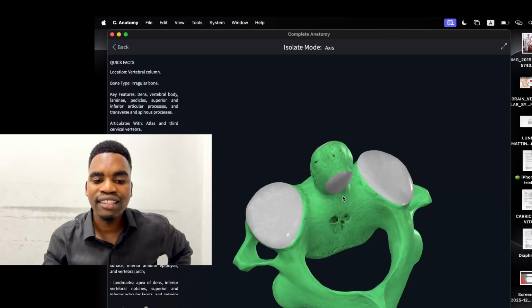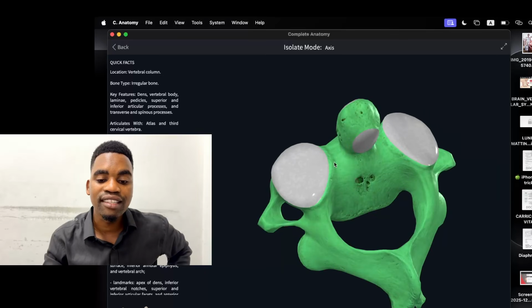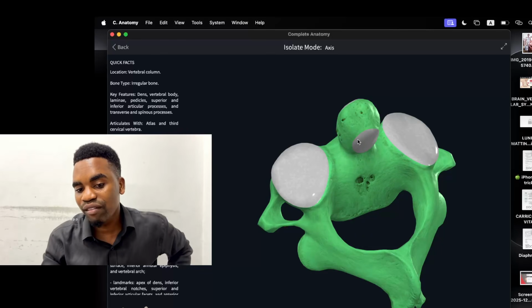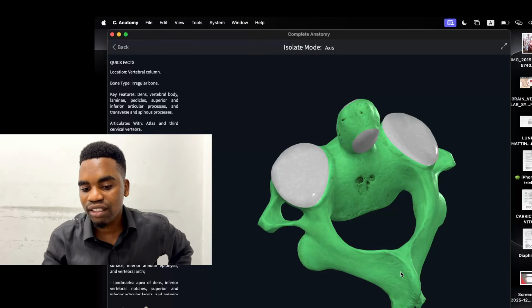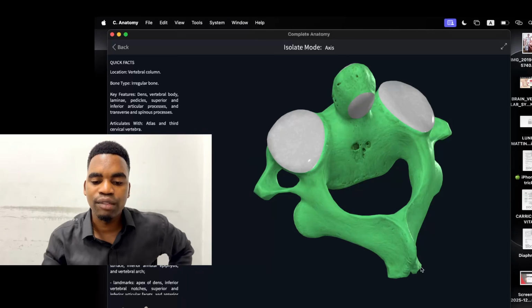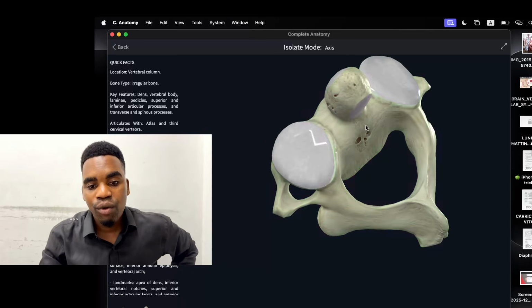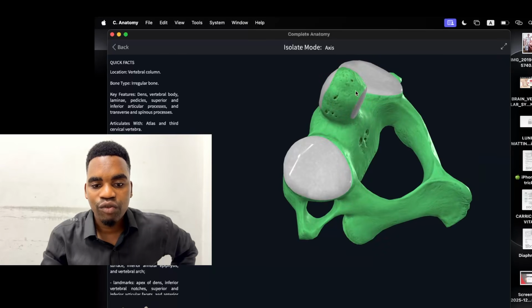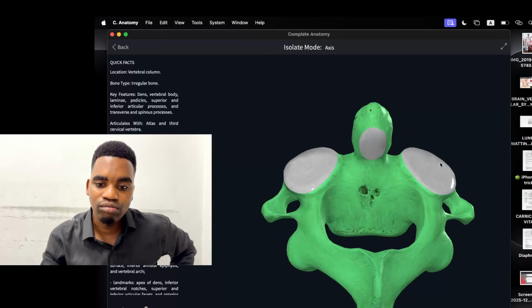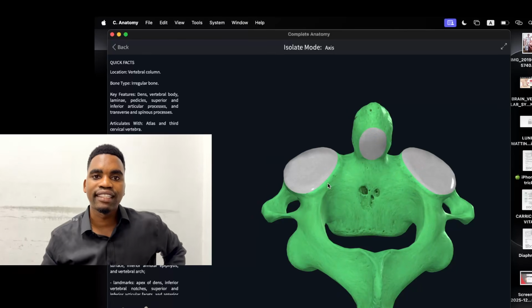This is what makes C2 atypical the most. C2 is atypical mainly because of the presence of this one. We don't expect to have this on its body. It also has something like a bifid spinal process, which is okay. But why atypical the most? Because of the presence of the odontoid process, but also the orientation of the superior articular facet.